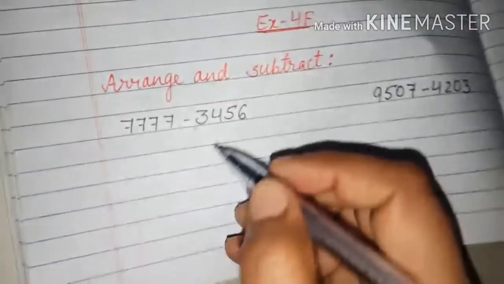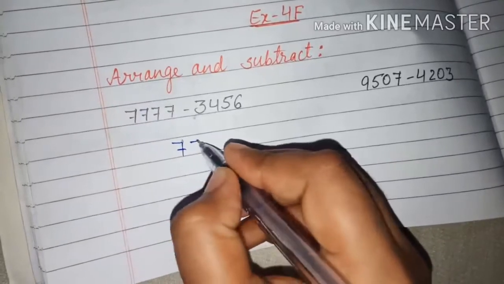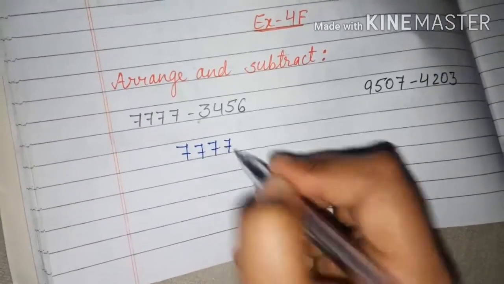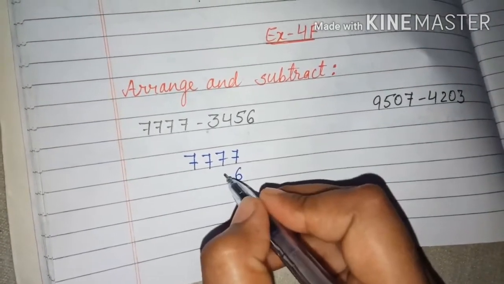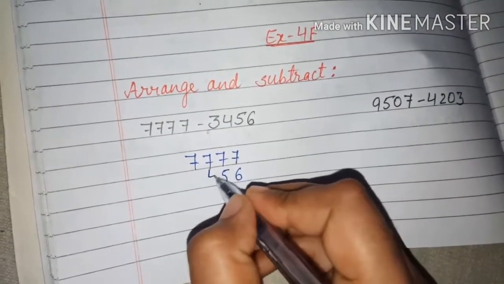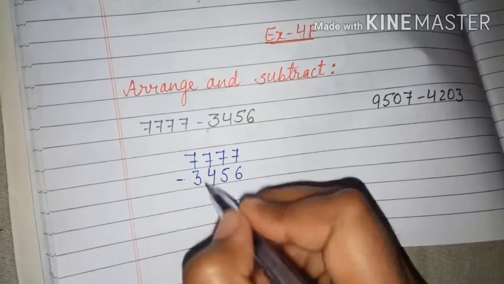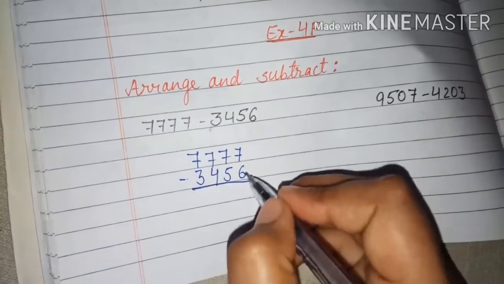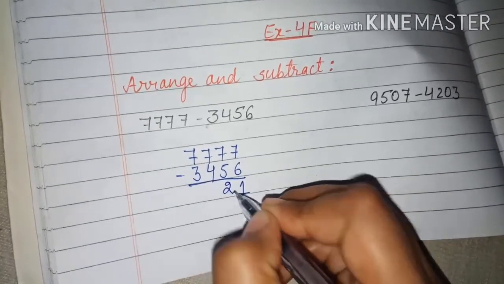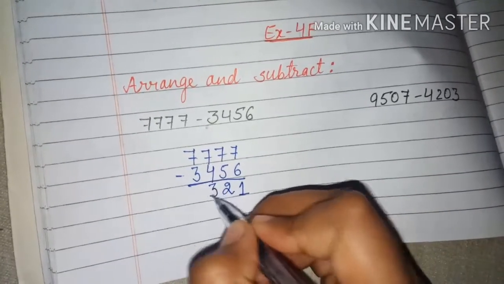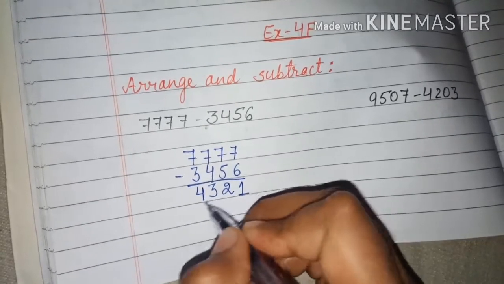So let us arrange it. 7777. So let's start writing the number from the end. 6, 5, 4 and 3. Let us subtract it. 7 minus 6 is 1, 7 minus 5 is 2, 7 minus 4 is 3, 7 minus 3 is 4.